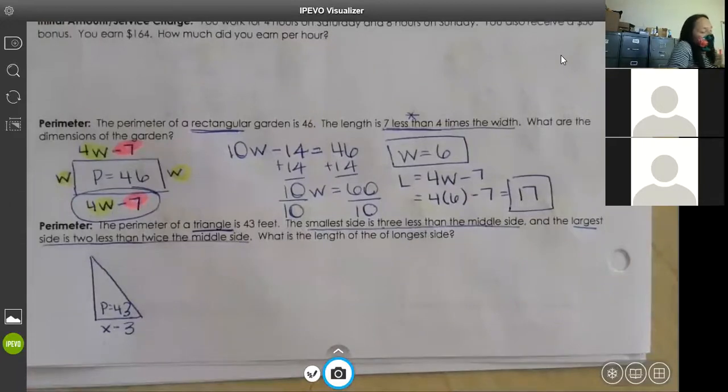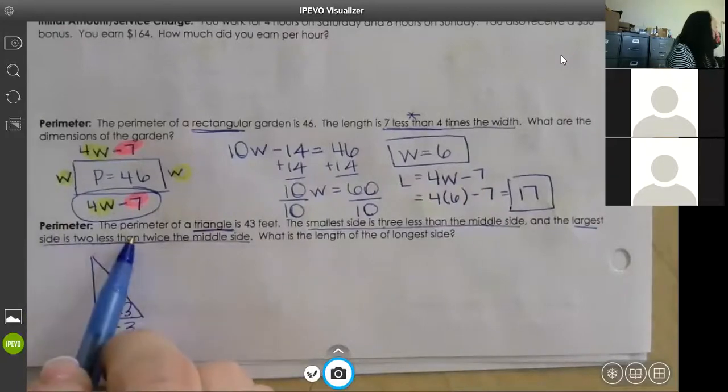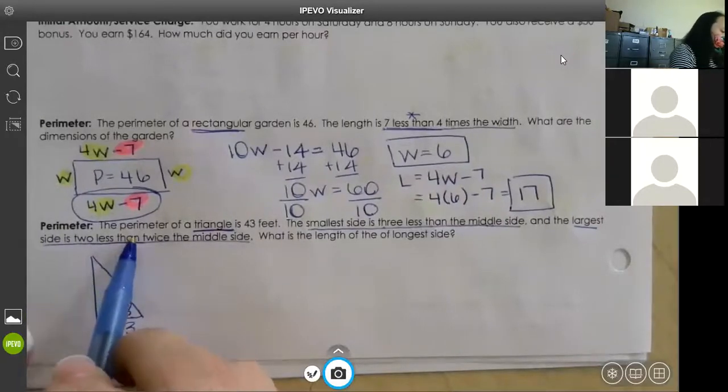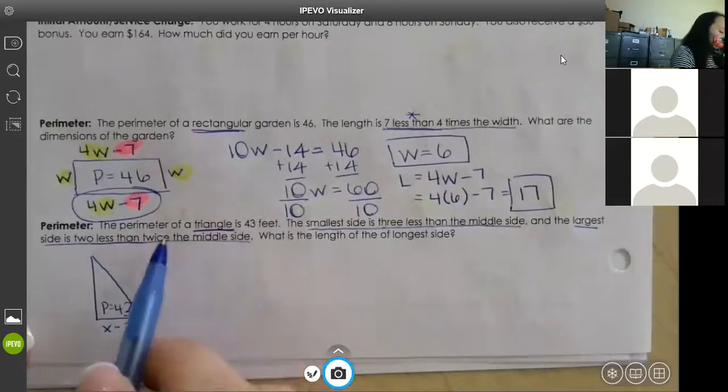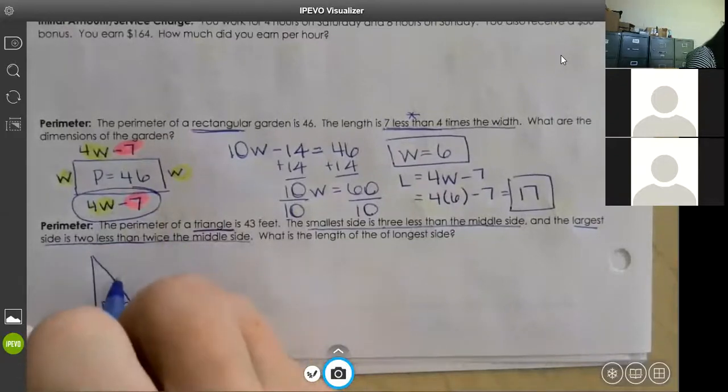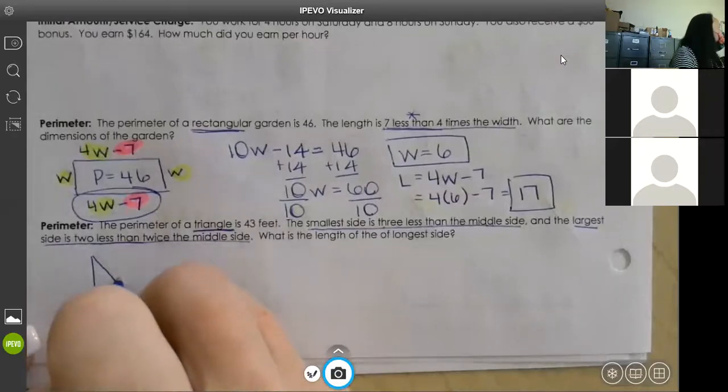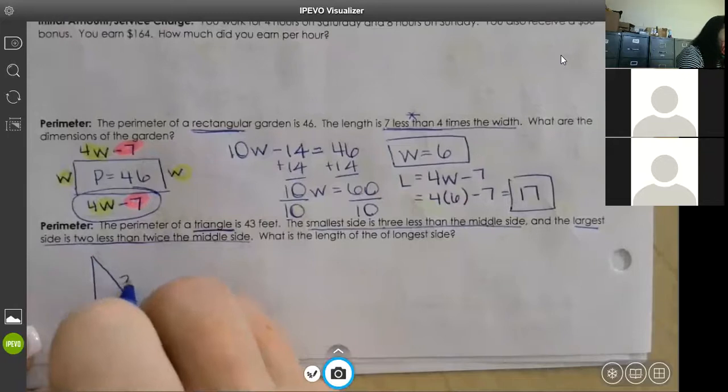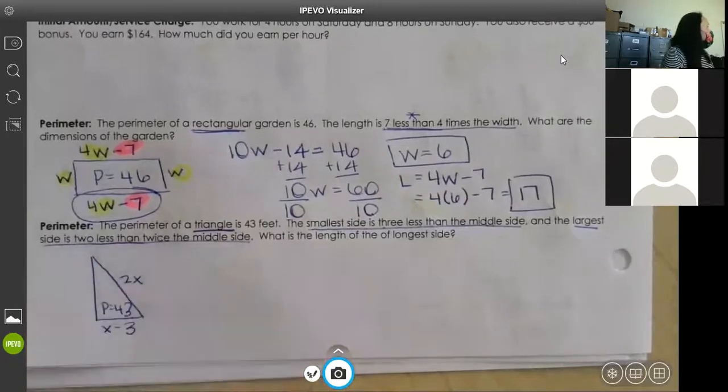The largest side, and my largest side is this diagonal one, is 2 less than, so there's that less than again, think backwards, twice the middle. How do I do twice the middle? What's twice mean? Times it by 2. So twice the middle. We said the middle was X on the last one.